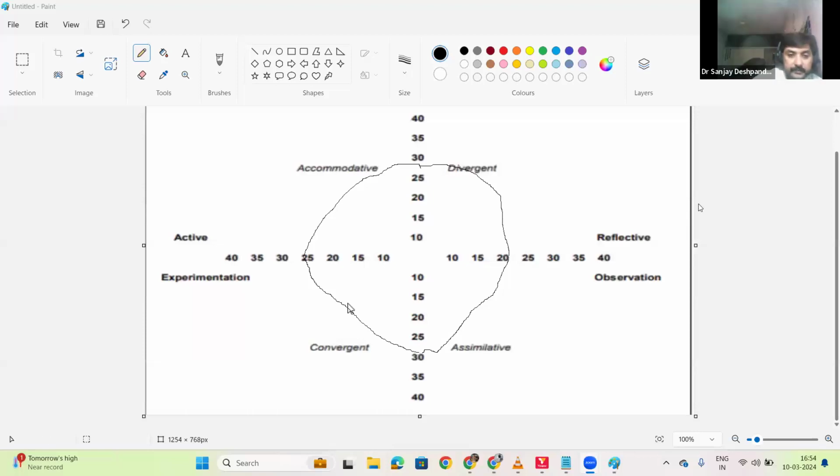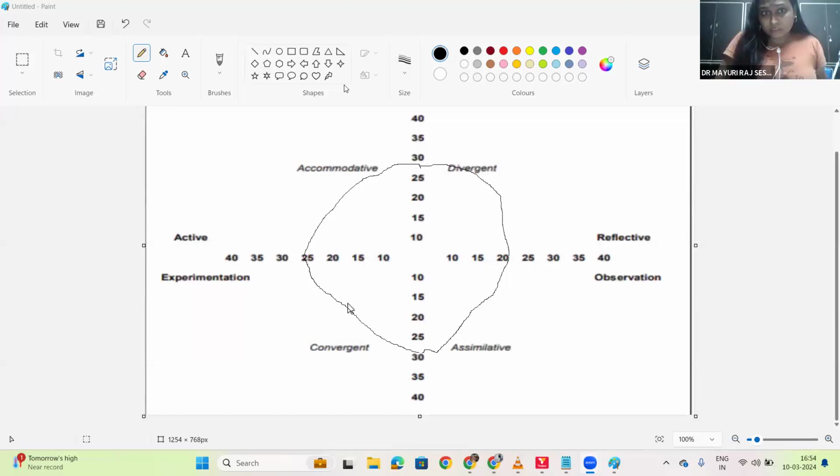Sir, which is the maximum space that has been taken in this screen? Look at the scores, 25 here. So this is the maximum space. Convergent, accommodative it would be, right? Sir, I have a doubt. 30 is here, 30 is here.